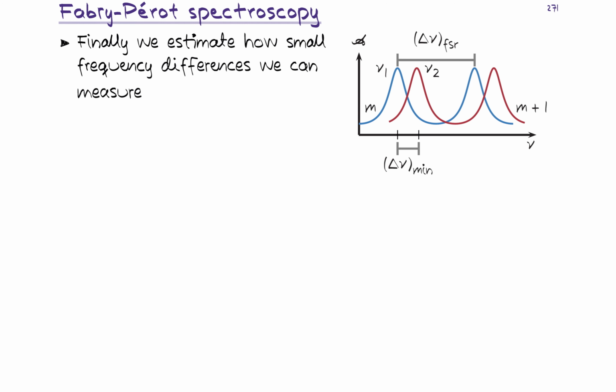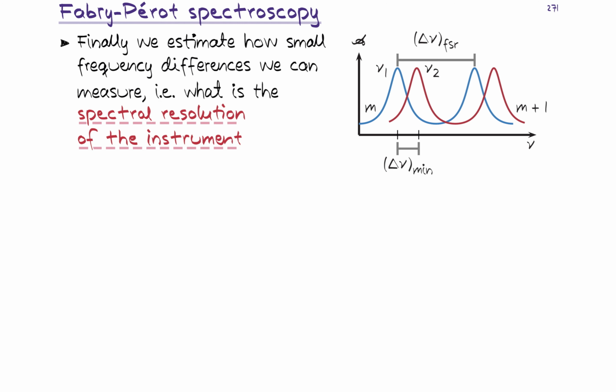And now finally, we will define parameters that can be used to estimate the performance of these kinds of instruments in terms of their spectral resolution. So basically, how small a frequency difference we can measure with these instruments.